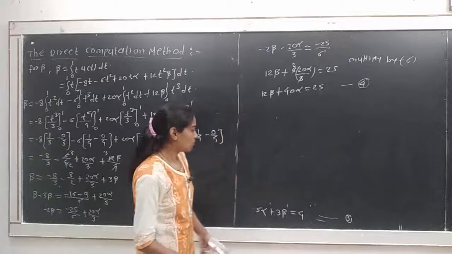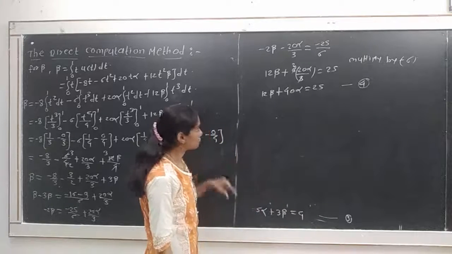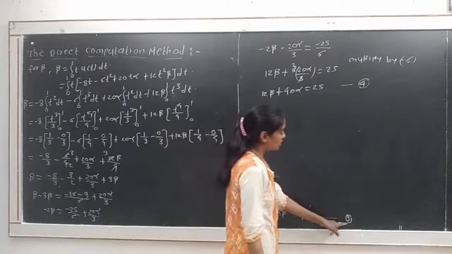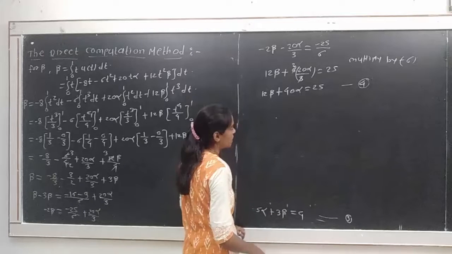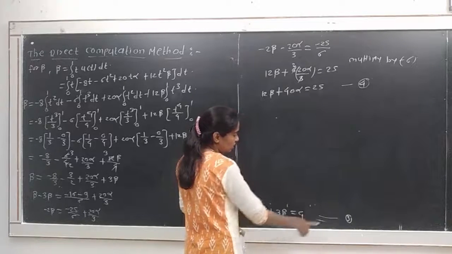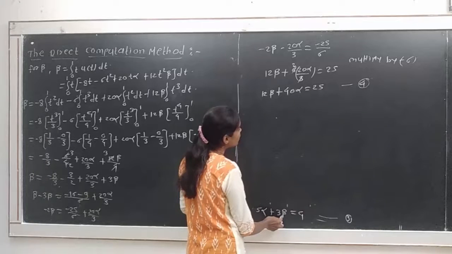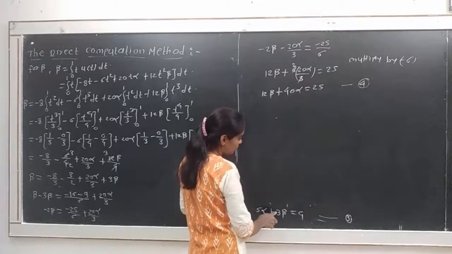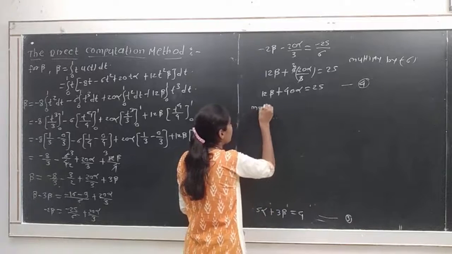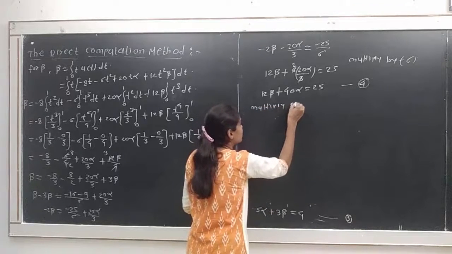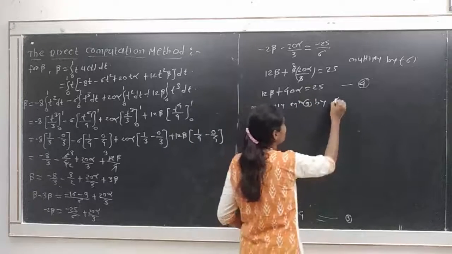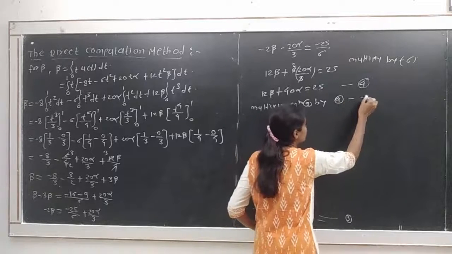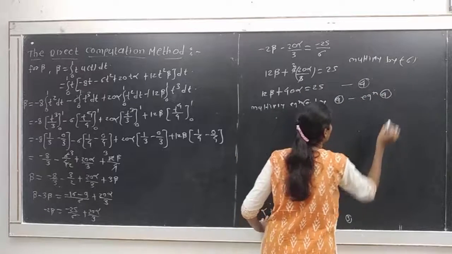Okay. So we have to get the two equations from these values of alpha beta integral, equation 3 and 4 in terms of alpha and beta. Okay, so we solve this equation by the simultaneous method. Here in equation number 3, the coefficient of beta will be 12. So we multiply equation 3 by 4 and then minus equation number 4.